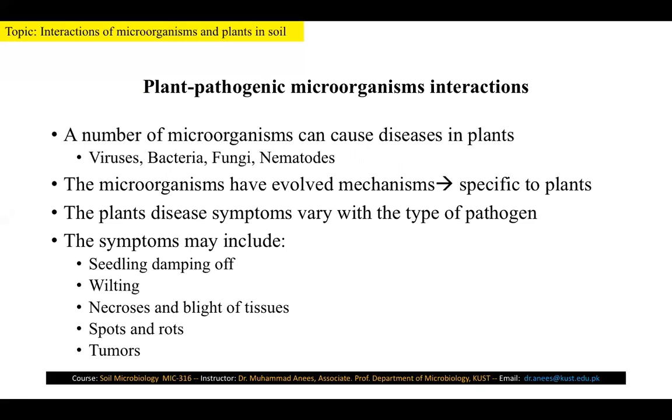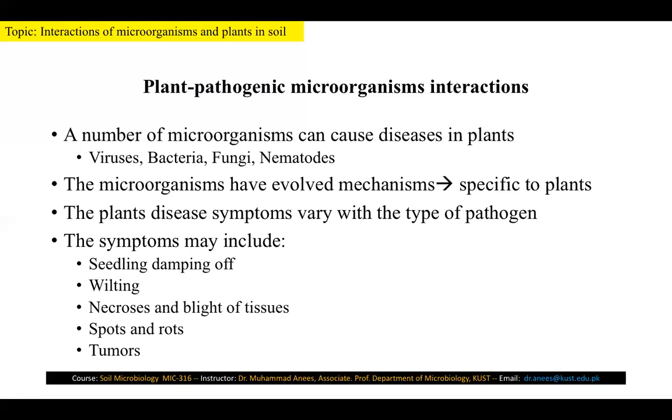There are a number of symptoms that are observed in plants because of the pathogenic interactions. It includes seedling damping off. Damping off disease means the seedling dies very soon.